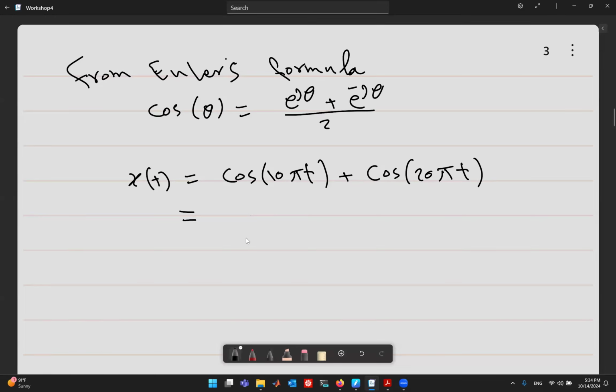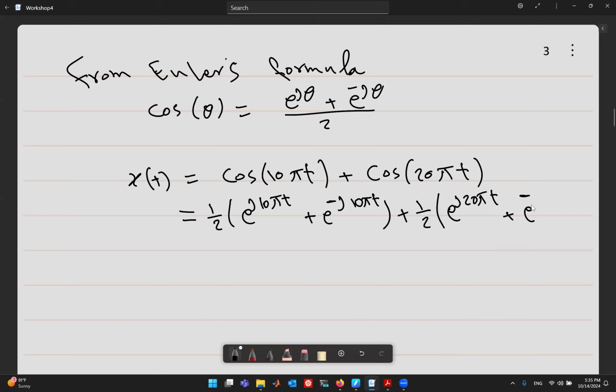And using Euler's formula, we get 1/2 exponential j 10 pi t plus exponential minus j 10 pi t, plus 1/2 exponential j 20 pi t plus exponential minus j 20 pi t.